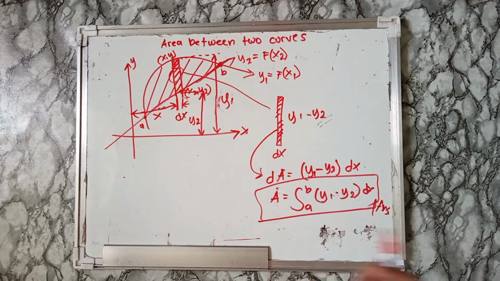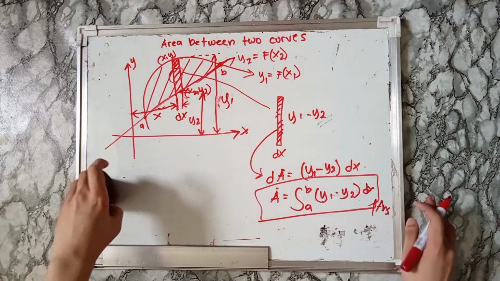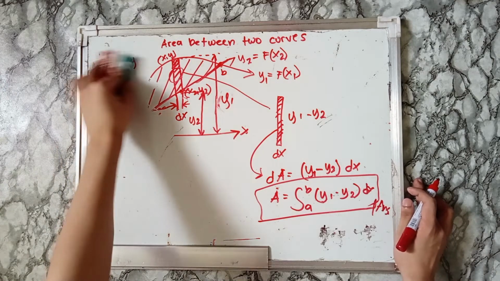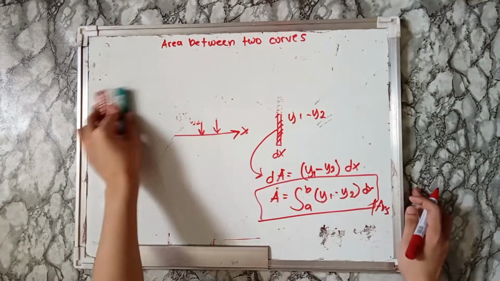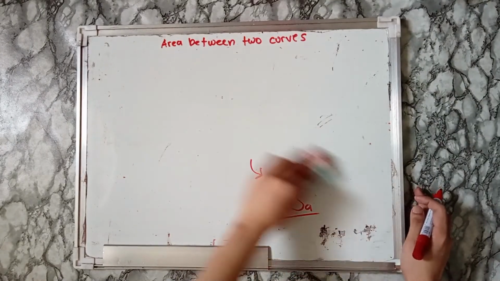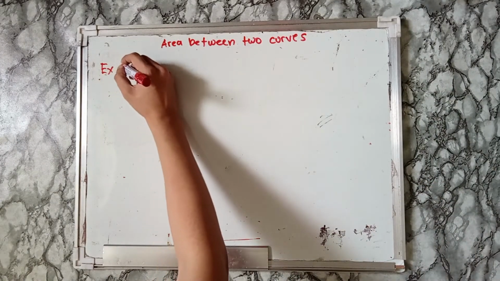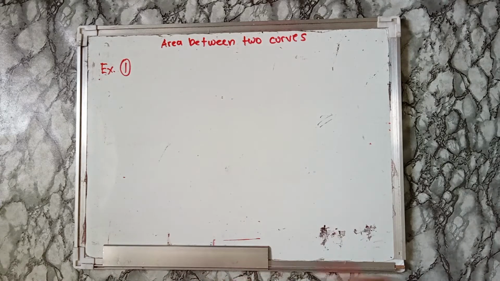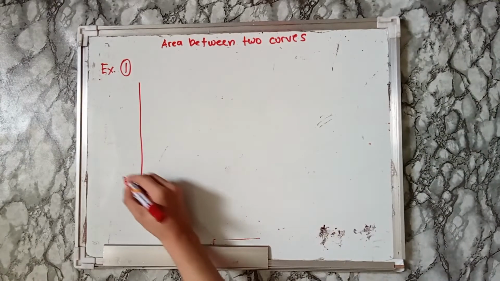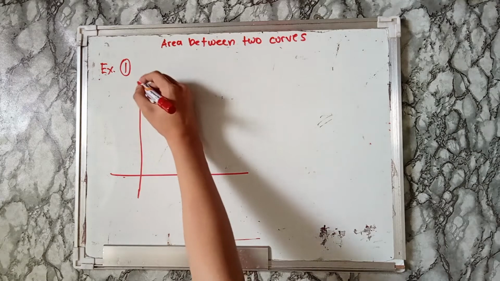Now let me give you an example. Example number 1. Now I will give you a graph and then let's find the area.